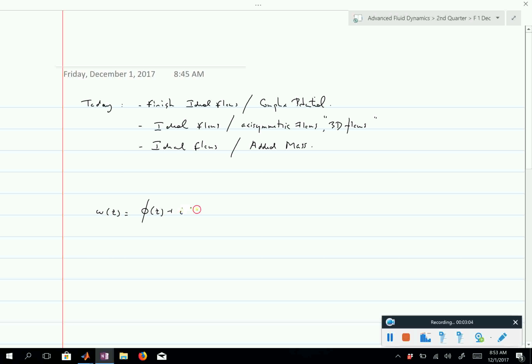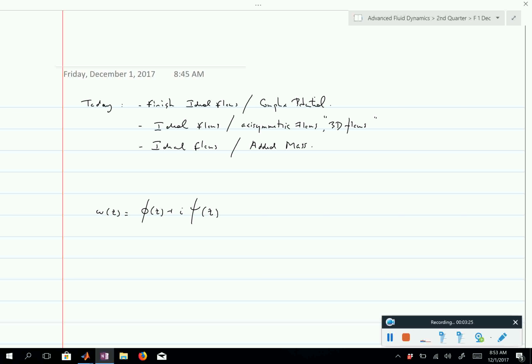And the imaginary part happens to be the stream function. So if you take the imaginary part of that function, that is your stream function. If you set that stream function equal to a constant, all of the points on the same contour will be streamlines.